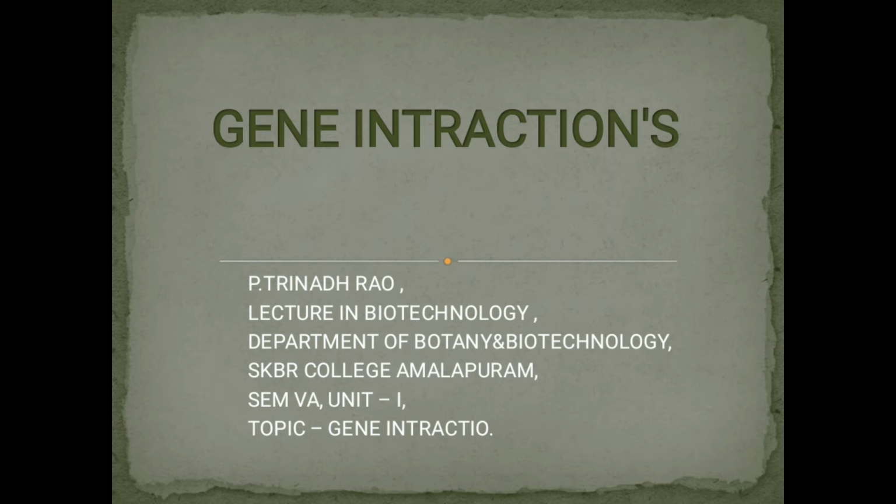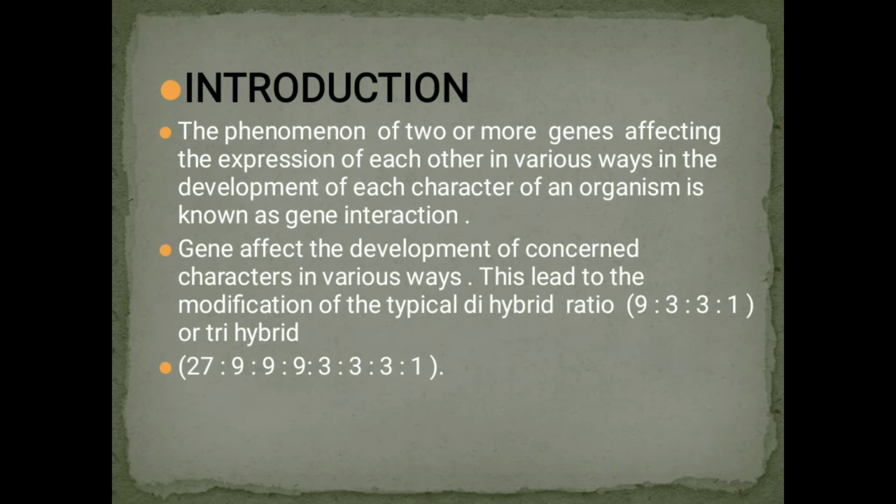Our topic: Gene Interactions. Introduction. The phenomenon of two or more genes affecting the expression of each other in various ways in the development of each character of an organism is known as gene interaction.